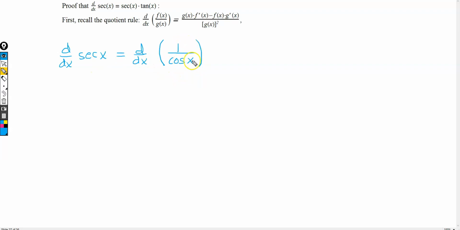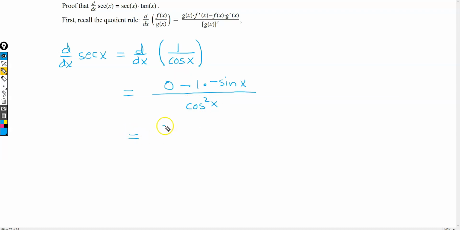Now we can apply the quotient rule to this. So we're going to get cosine times derivative of 1. Now the derivative of 1 is just 0, so we're just going to get cosine x times the derivative of 1, that's 0, minus 1 times the derivative of cosine, which is negative sine, divided by cosine squared x.